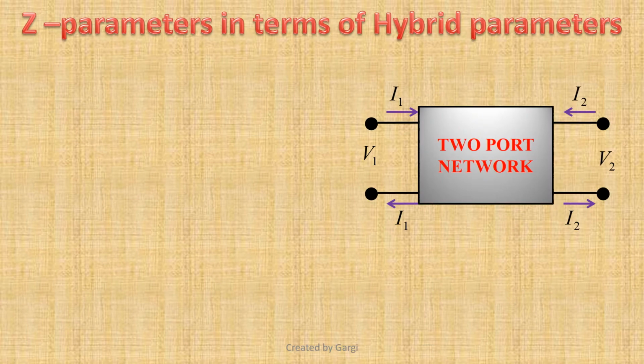Now let us derive expressions for Z parameters in terms of hybrid parameters. When we describe a two-port network using hybrid parameters, we express the input port voltage V1 and output port current I2 in terms of input port current I1 and output port voltage V2.